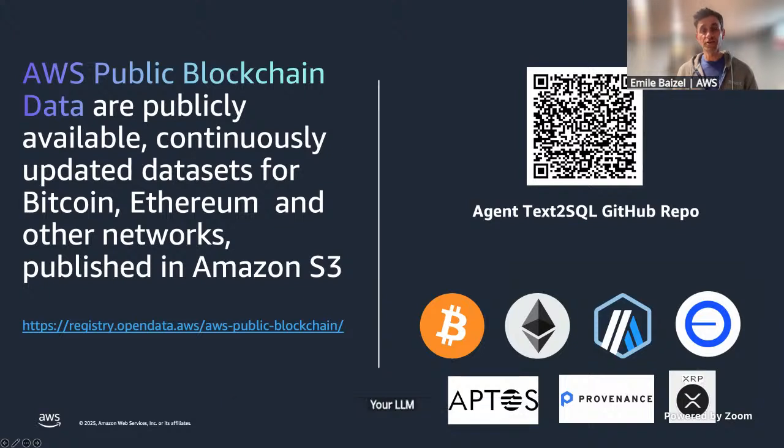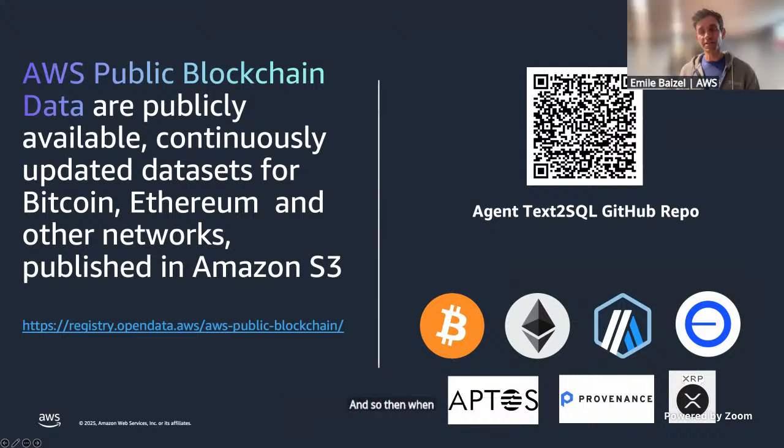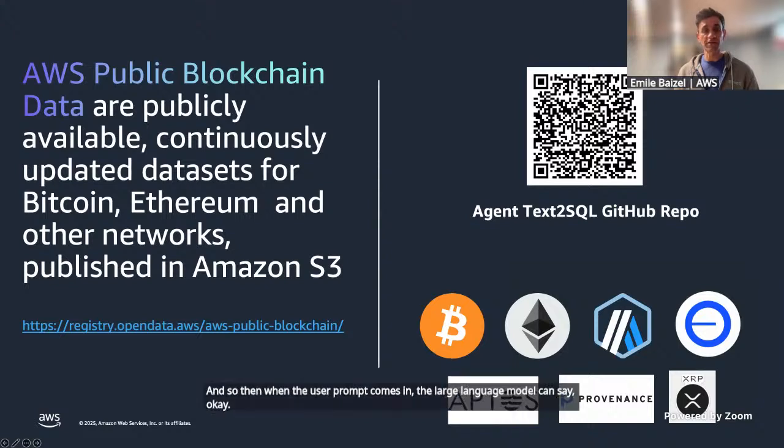We instructed the LLM and made it aware of the schema that all the data abides by. So when the user prompt comes in, the large language model can say, okay, the user wants to know how many Ethereum transactions there were yesterday, and it knows which columns in the database map to that type of question, and it constructs a SQL query, and then it goes and queries that.